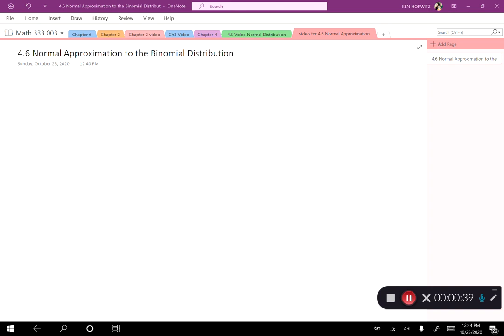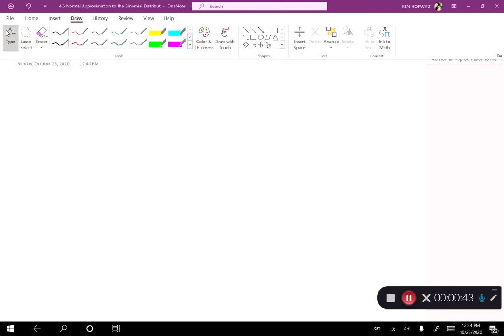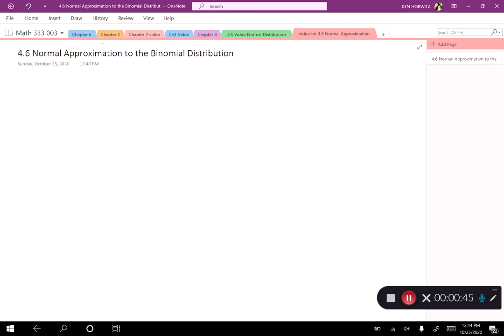So when we were talking about the binomial distribution, when p, which was our probability of success, was 0.5, we found that the binomial distribution was symmetrical.